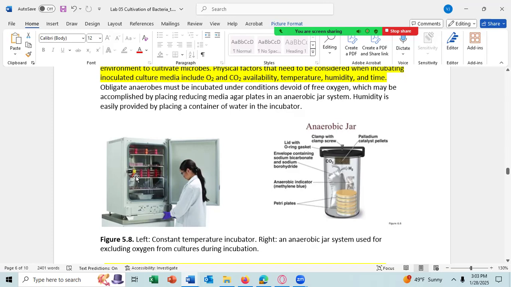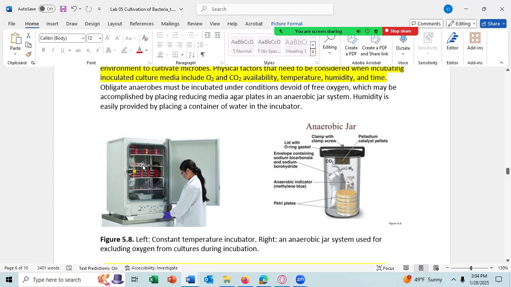In our microbiology lab at Clark College, we don't have any fancy incubators, so our incubators only control the temperature, which this one does. It does control the humidity, meaning we see this pan there. You put water in that pan, that will allow the water to evaporate, increasing the humidity in the incubator.